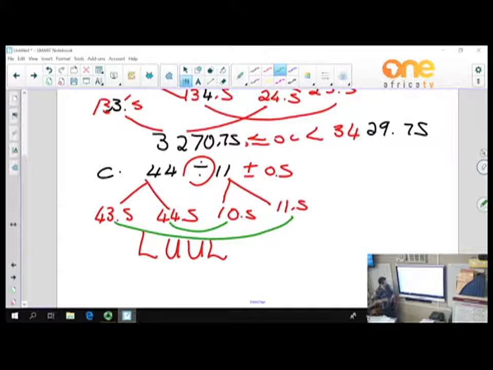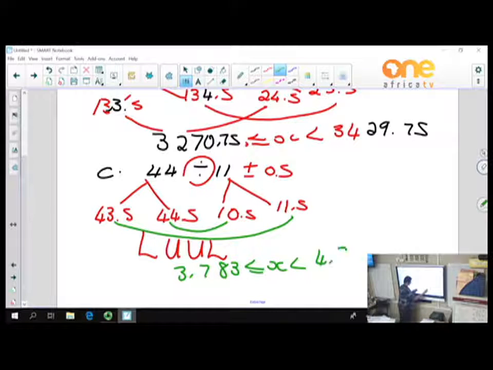So what is then 43.5 divided by 11.5? 43.5 divided by 11.5 gives us 3.783 is less than or equal to x is less than, I am going to round off because it's an enormous number. And then the next one is 44.5 divided by 10.5. And that gives us 4.2381. So that's the answer there. Lower, upper, upper, lower. Because it is division.